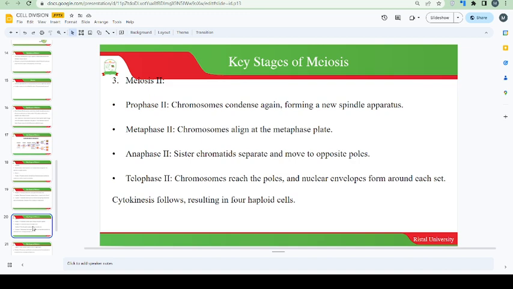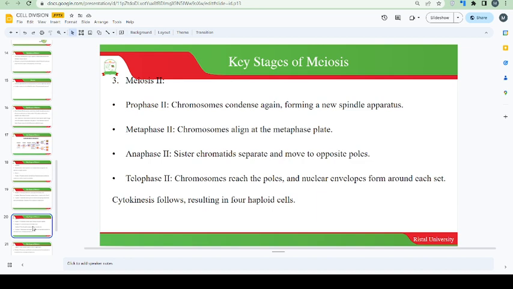Meiosis 2, prophase 2. During prophase 2, the chromosomes condense again, forming new spindle apparatus, followed by metaphase 2, where the chromosomes align at the metaphase plate, followed by anaphase 2.